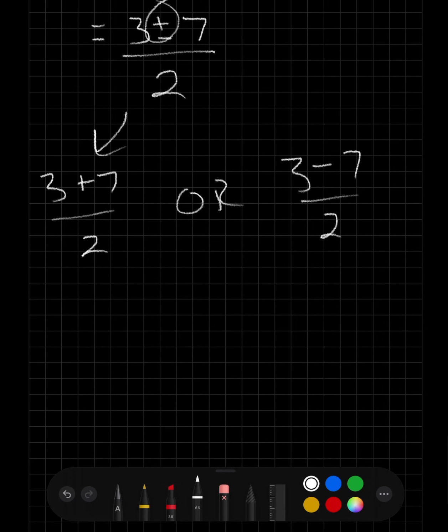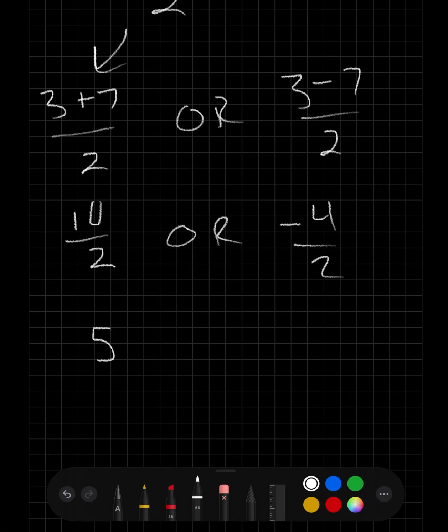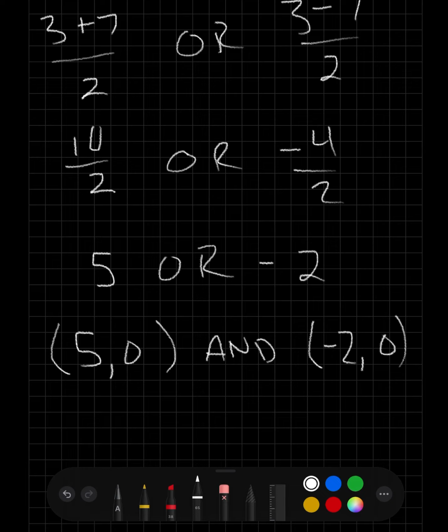So then I get 10 divided by 2, or negative 4 divided by 2. And this gives me 5, or negative 2. So my x-intercepts in this case would be the points (5, 0) and (negative 2, 0).